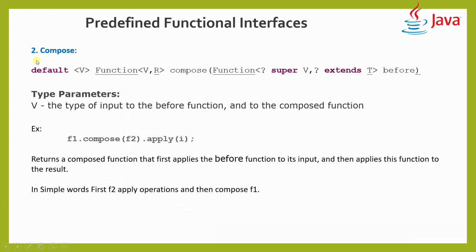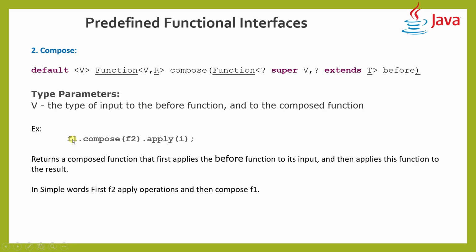See, this is the compose method. This is the syntax of the compose method: default <V> Function<V, R> compose(Function<? super V, ? extends T> before). In general terms, here is an example: first apply f2 and then apply f1.